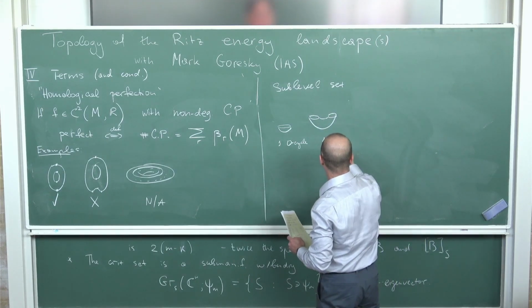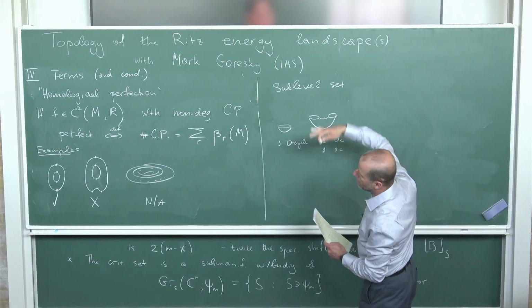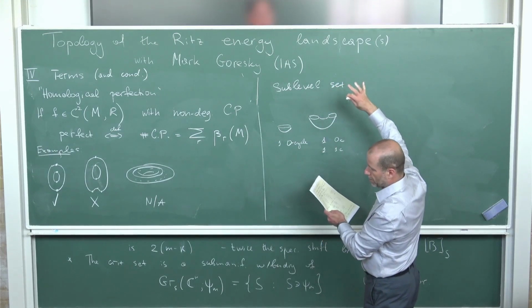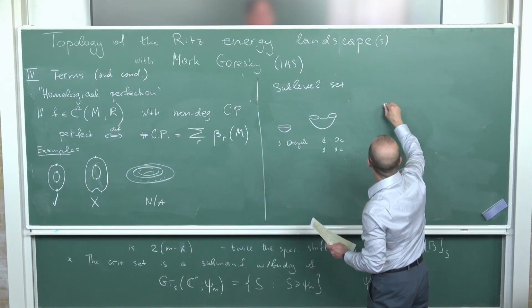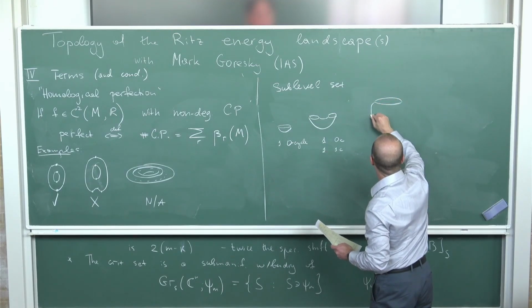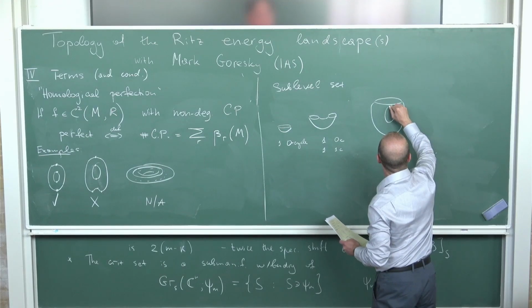So now I have one one cycle. And I continue building it up, and it all remains the same topologically until I hit the next critical point, which is the saddle here.